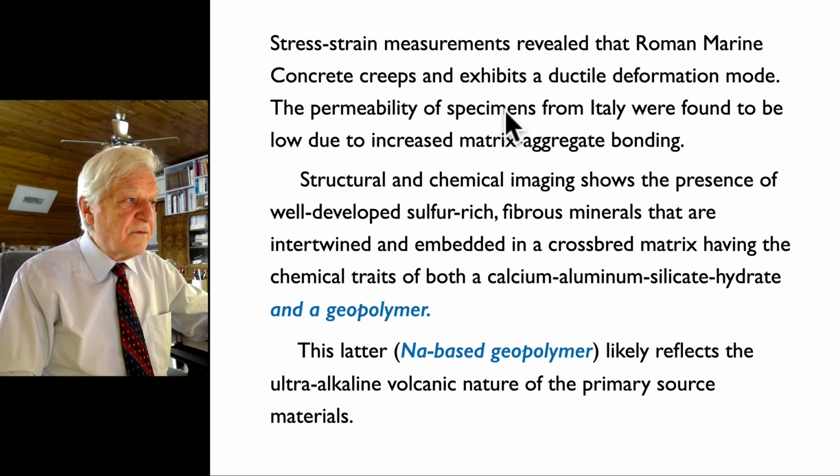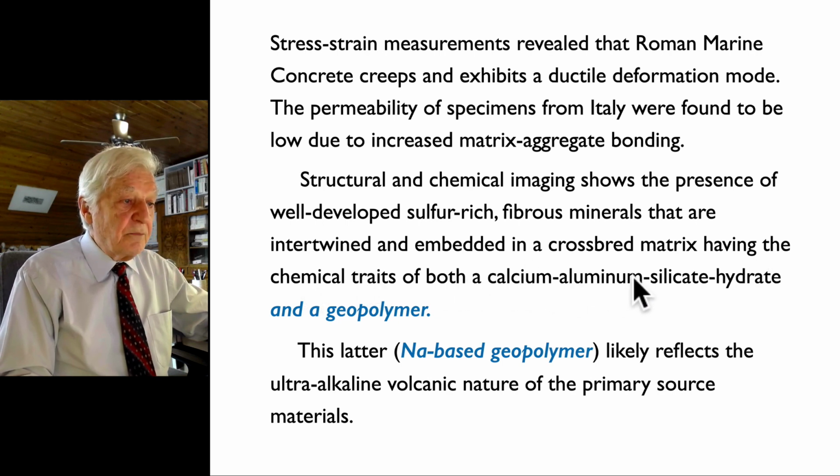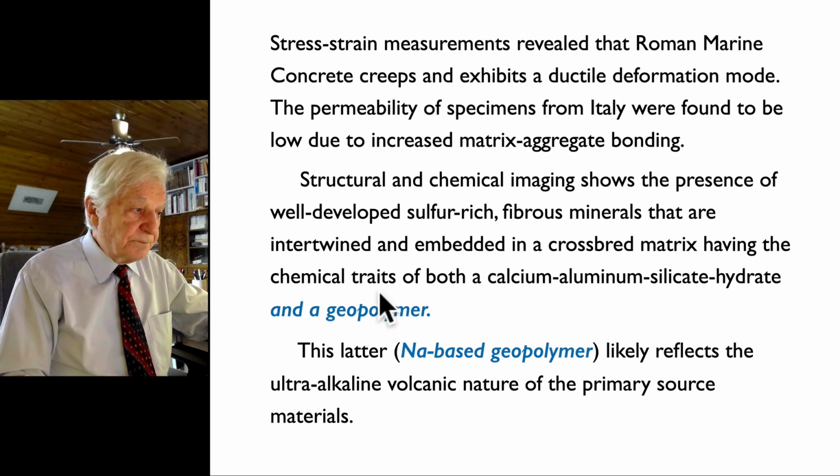The permeability of specimens from Italy was found to be low due to increased matrix-aggregate bonding. Structural and chemical imaging shows the presence of well-developed sulfur-rich fibrous minerals that are intertwined and embedded in a crossbred matrix having the chemical traits of both a calcium aluminum silicate hydrate, or CSH, and a geopolymer.